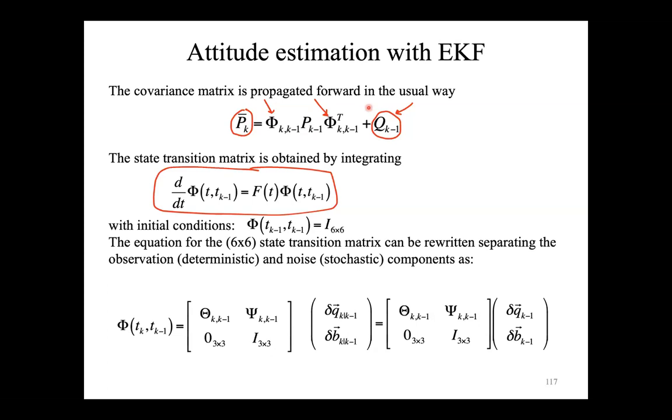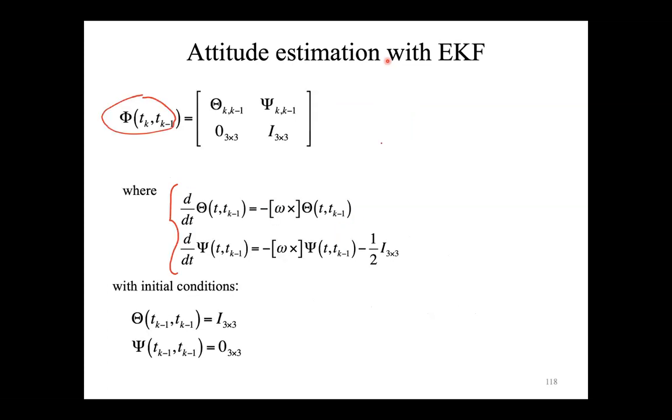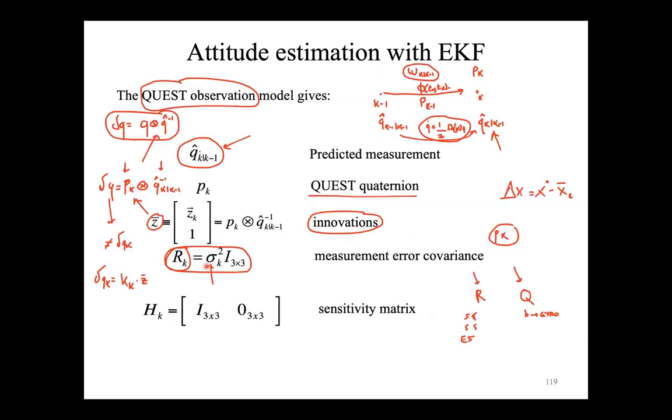With the word tuning, what I mean is that you're going to choose a value of this diagonal matrix that is consistent with the other matrix that is associated to the other source of error. The other source of error is associated to the star trackers, for example.